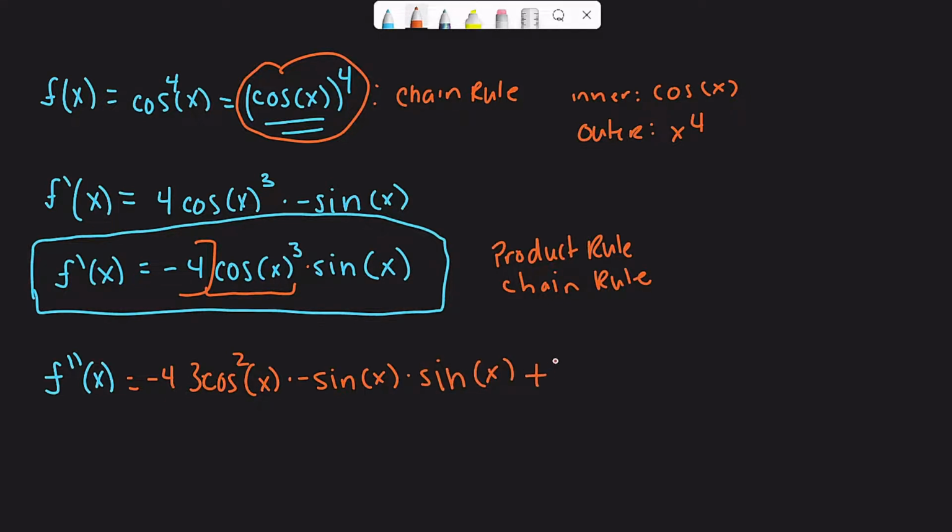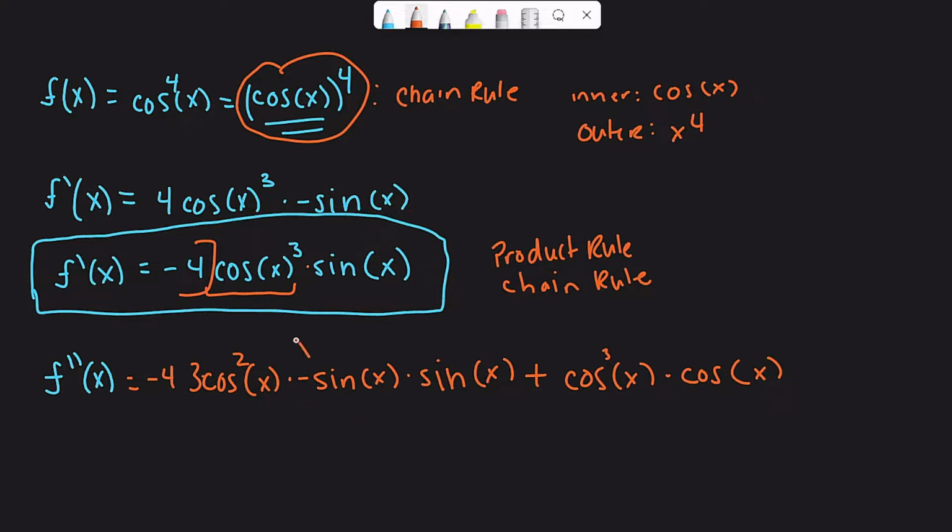And then we add them, and we take the original initial term in our product, which was cosine of x to the third power, and we multiply that by the derivative of sine of x, which is cosine of x. And so now we have our equation.